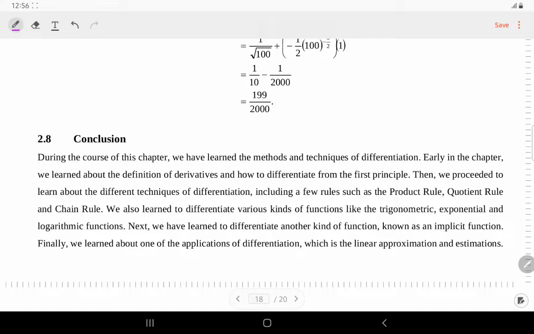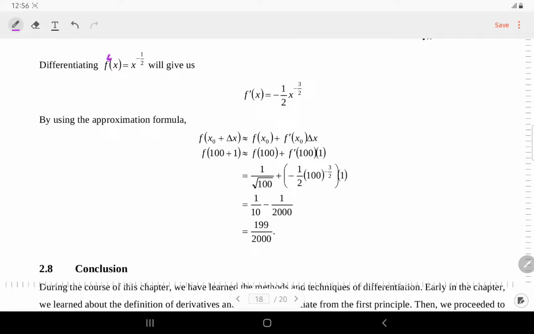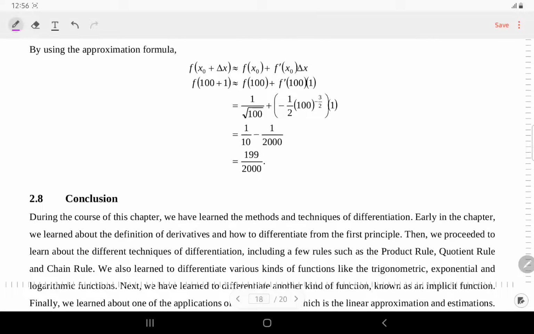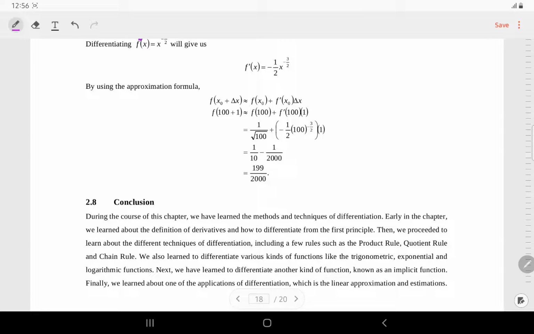And finally, in this video we have learned about the formula of differential. So this is the end of chapter 2.